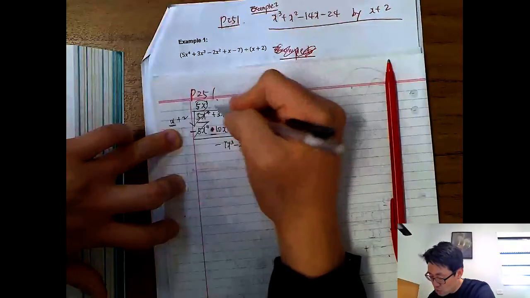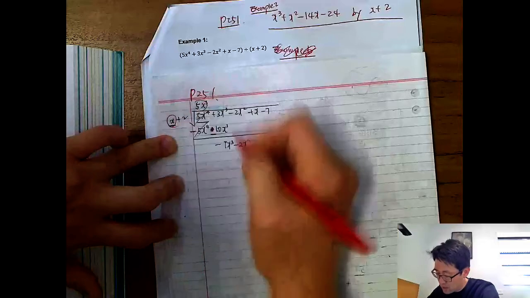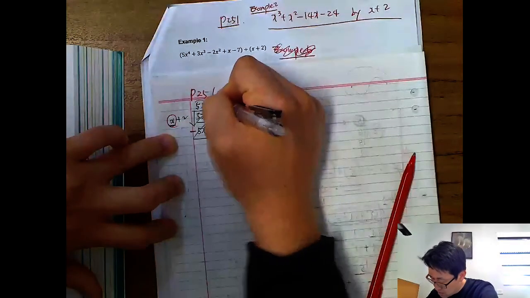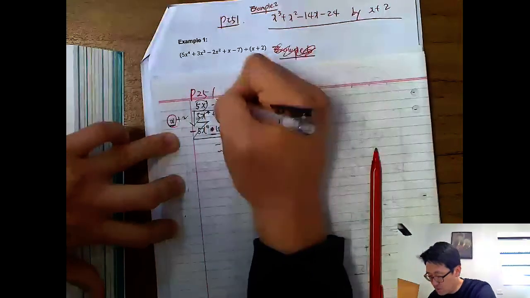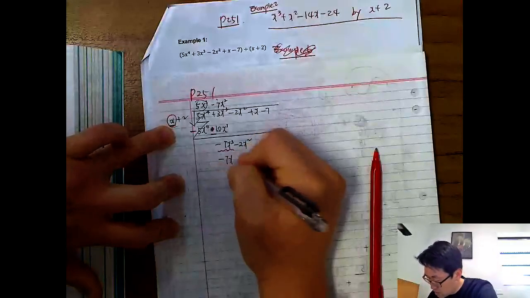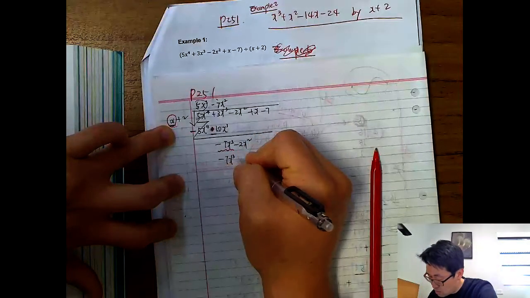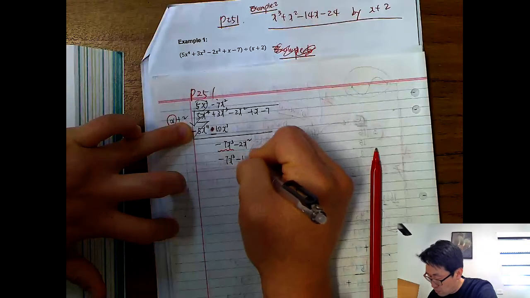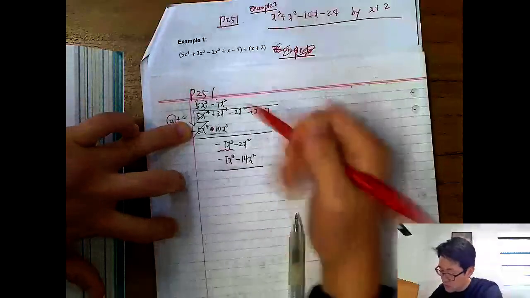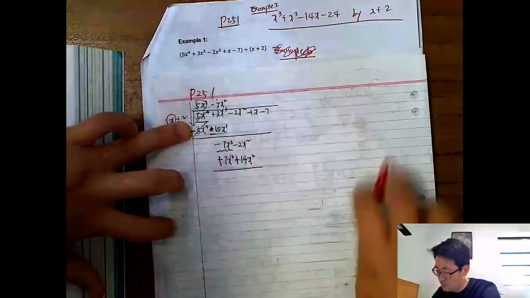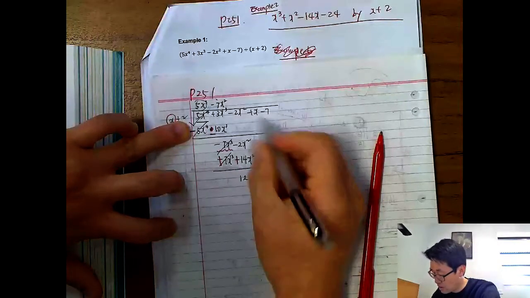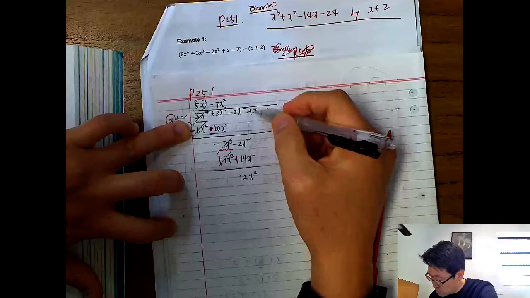X plus 2. So the first number, x, and I need to make that minus 7. Yep, we'll make minus 7, and x squared will give minus 7x cubed. Second, 14x squared. Positive, positive, cancel that out, 12x squared, and then what's the next number left?